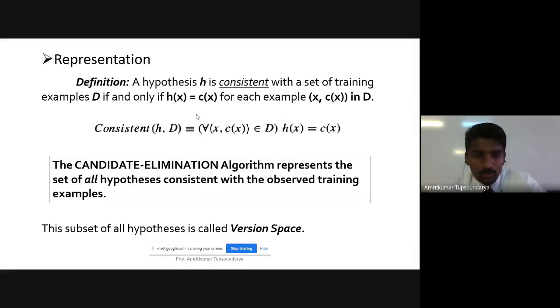So the candidate elimination algorithm, this is the definition here, what we saw: it represents the set of all hypotheses consistent with the observed training examples. Now, this set that we get in the candidate elimination algorithm is nothing but the version space.